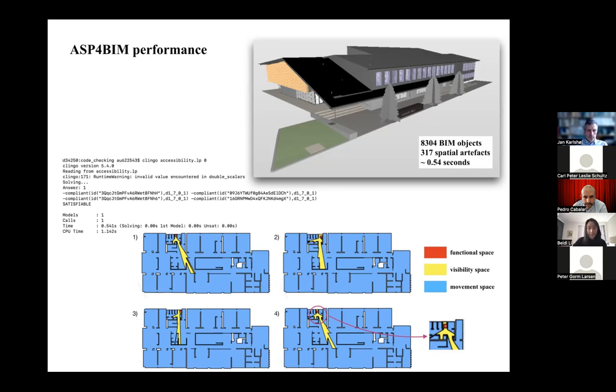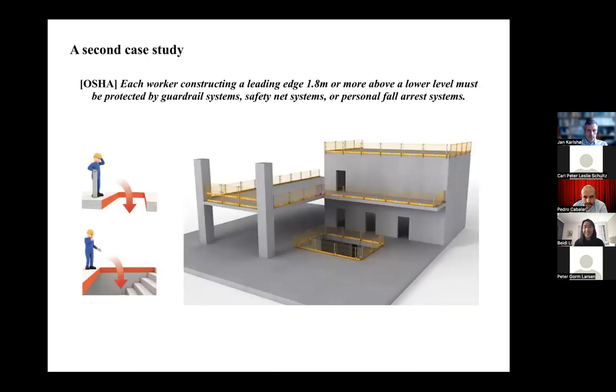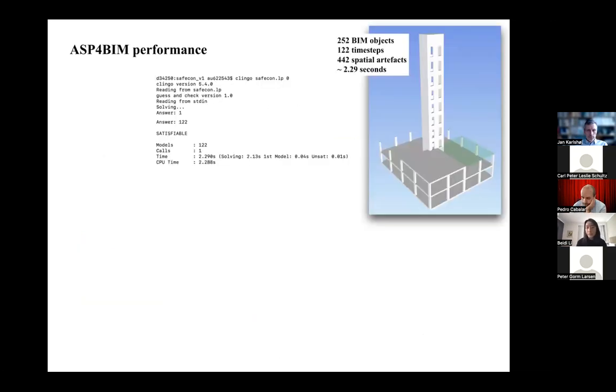The second case study is about a design requirement that guardrail systems are needed at leading edges of a building. In this case, we evaluated ASP for BIM on an 11-story building with 250 BIM objects, which also contains a construction plan made of 122 time steps.